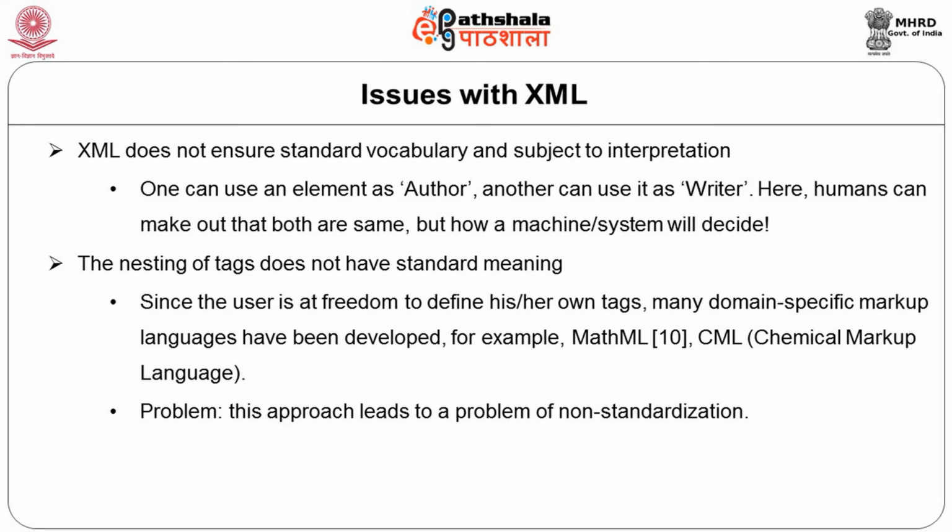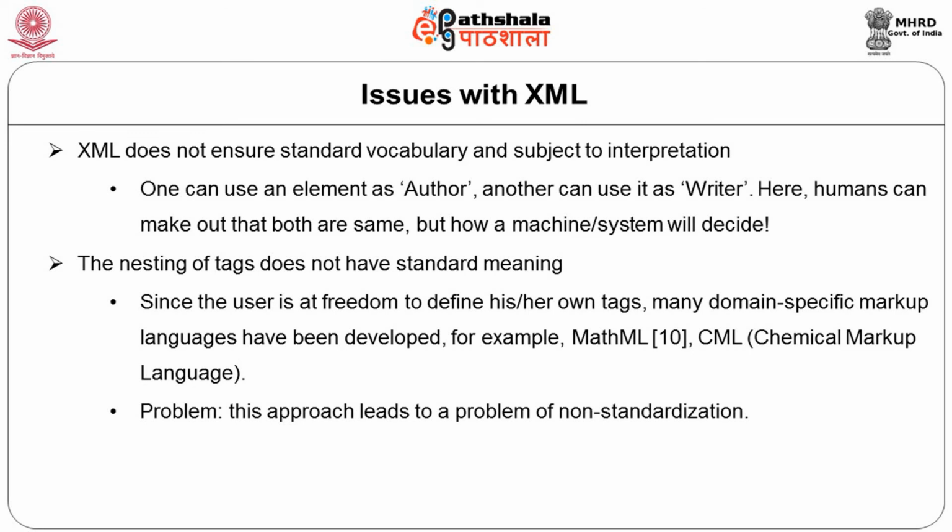Also, it is a domain specific markup language. Many markup languages have already appeared, like MathML, CML and so forth. But this leads to non-standardization, because everybody will come up with their own domain specific markup language, and then interoperability again becomes a question.